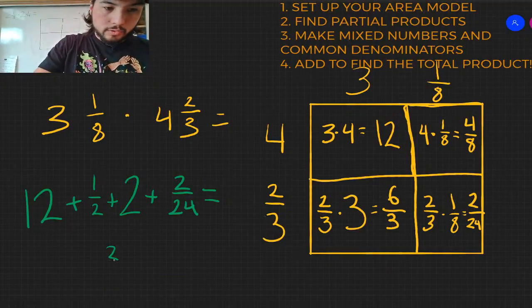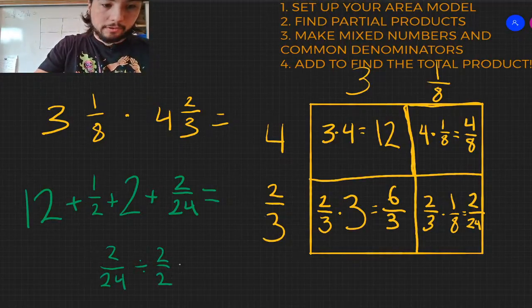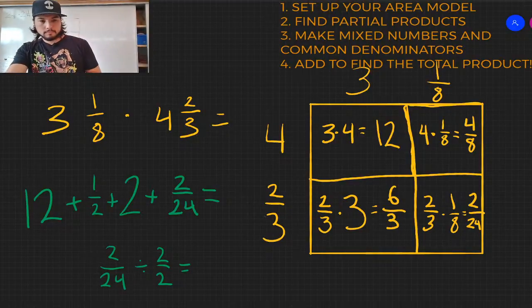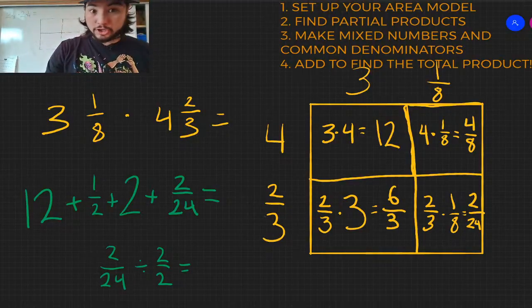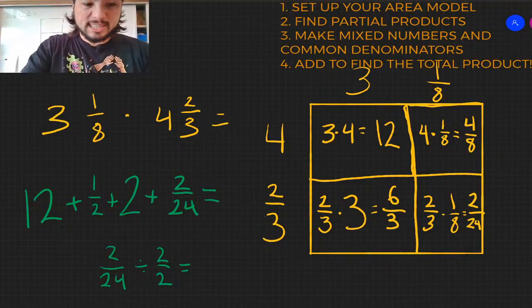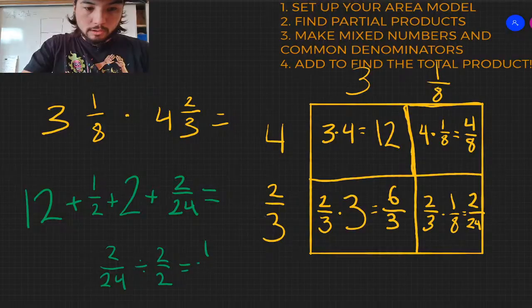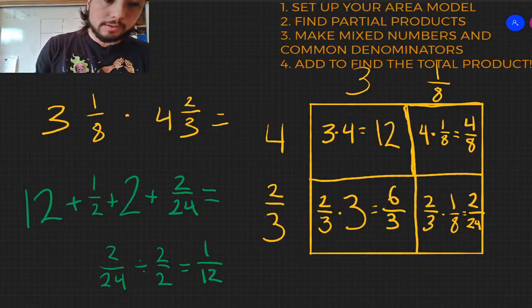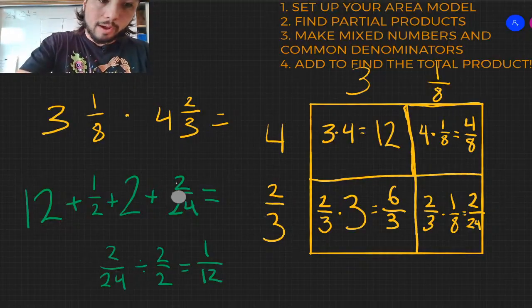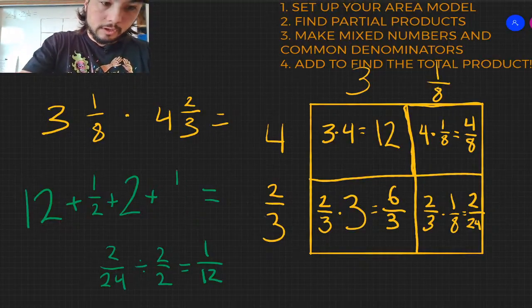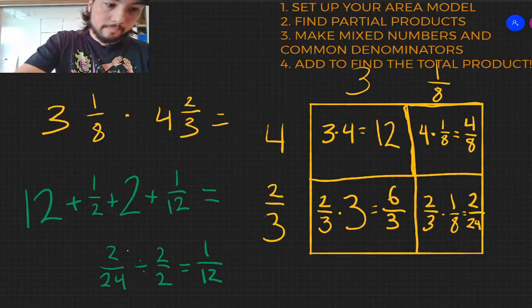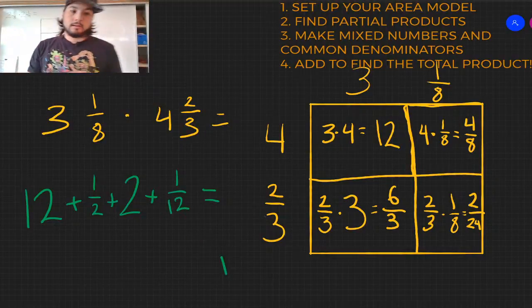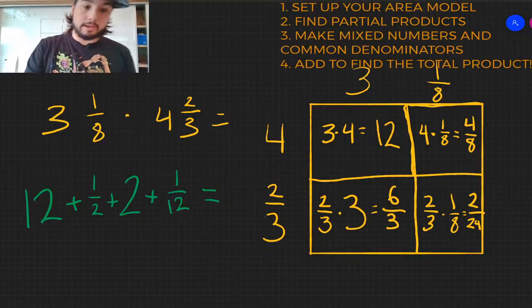I can say 2/24ths divided by 2/2, which is our equivalent of 1, so I'm not changing the value again, I'm just resizing the pieces. 2 divided by 2 is 1. 24 divided by 2, or 2 times what is 24? That would be 12. So 2/24ths is equivalent to 1/12. So I can rewrite that as 1/12. These look much easier to work with than they did previously, yeah?